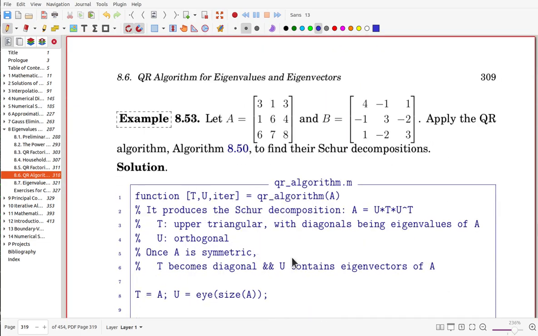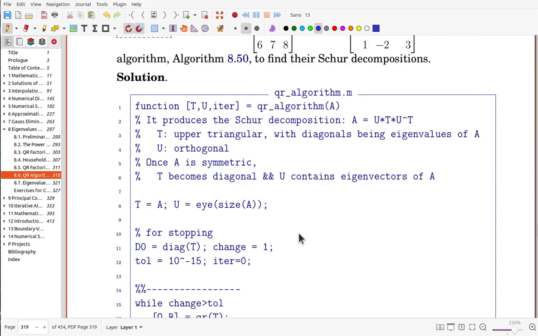Here we have an example. We have a matrix A and matrix B. A is not symmetric, but B is symmetric, and we apply the QL algorithm to find their Schur decompositions. This is a code for QL iteration. It produces the QL decomposition.